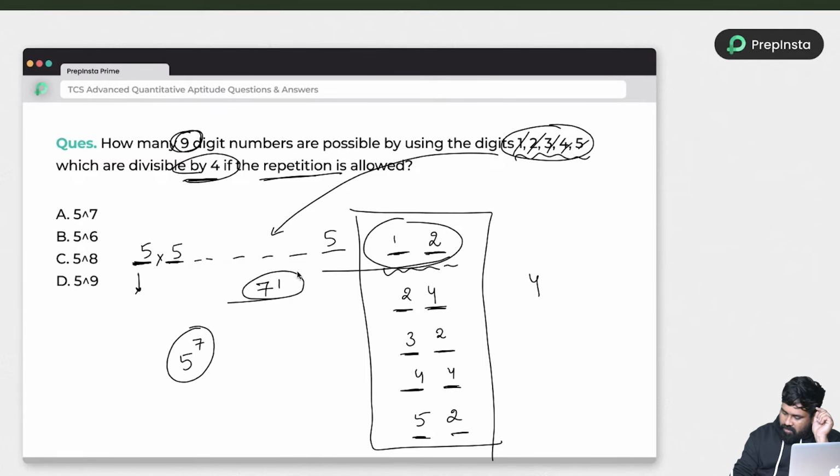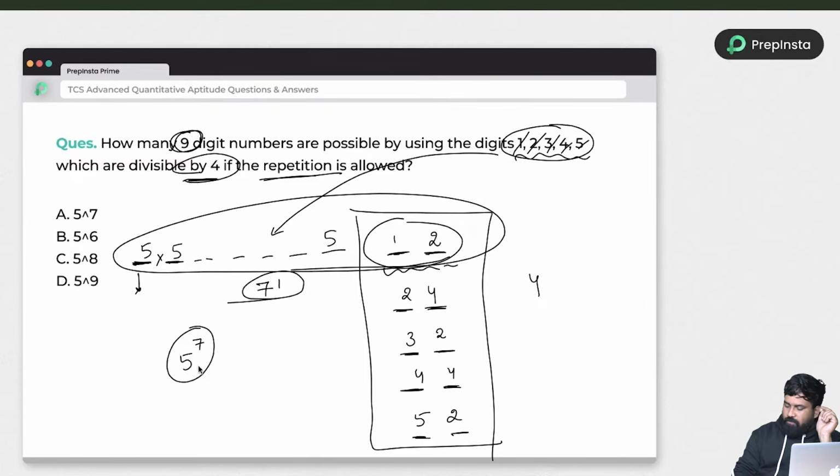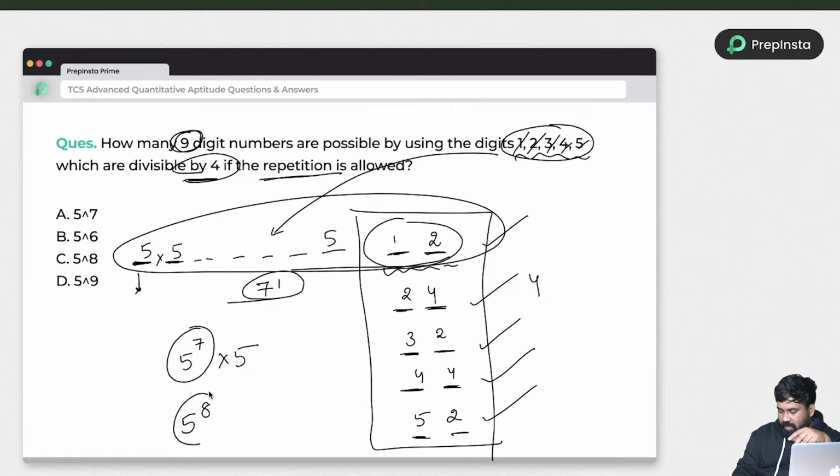So for the first ending we have 5 power 7 possibilities, but for divisibility how many endings do we have? 5, right? So here 5 power 7, here also 5 power 7, and so on. So 5 times we will create like this. So 5 power 7 into 5, which is nothing but 5 power 8. So the answer is option C.